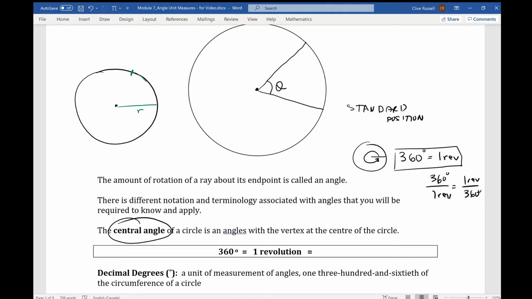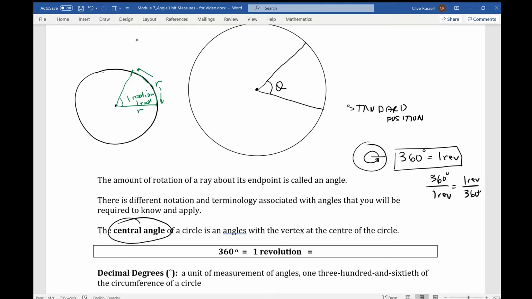So this arc length is actually now a radius, from there to there. If that's the case, then this angle here, theta, is 1 radian. Sometimes we write it as 1 rad.